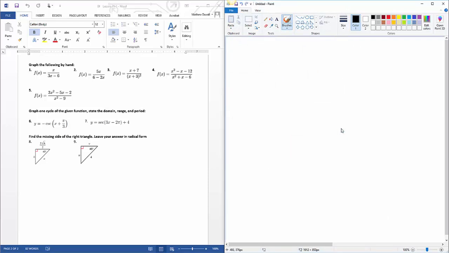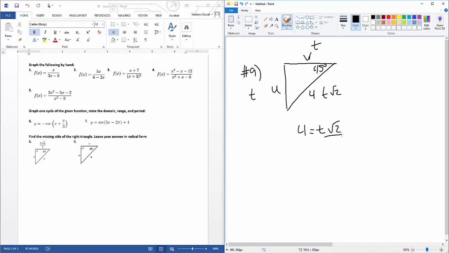And then number 9. 45, 45, 90. So U, V, and 4. So the ratio is T, T, and T root 2. So if I say 4 equals T root 2, divide both sides by root 2.